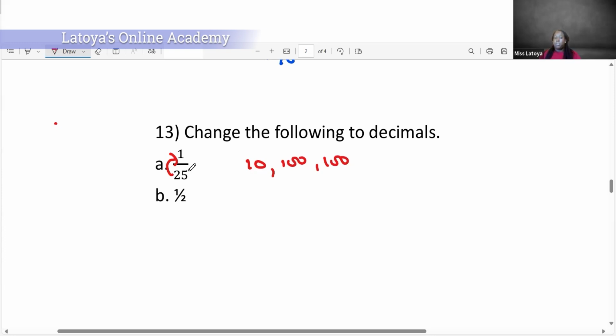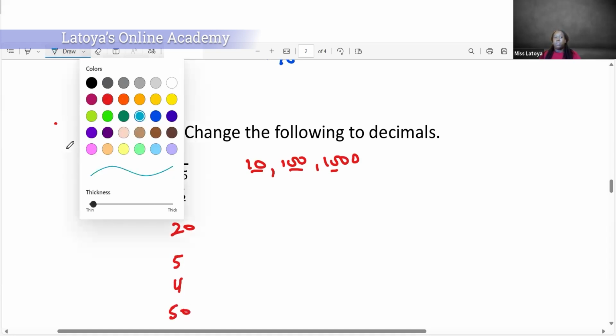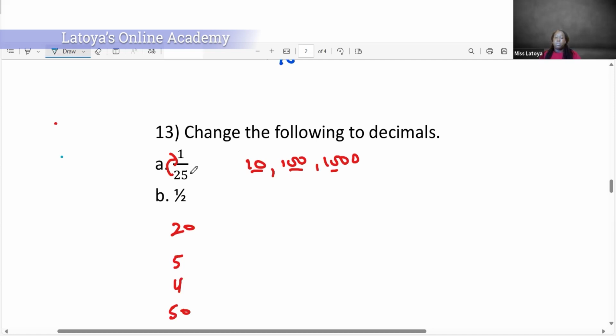There are some denominators that we can find the equivalent fraction with denominators of 10, 100, and 1,000. So when we have a denominator like 25, 2, 20, 5, 4, or 50, we can find the equivalent fraction.